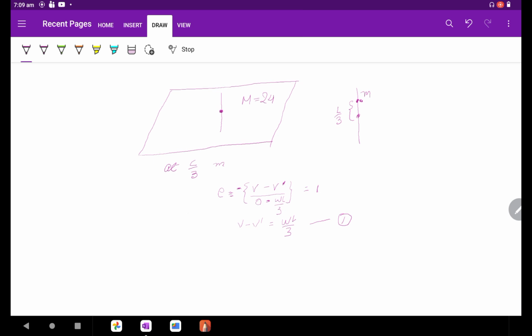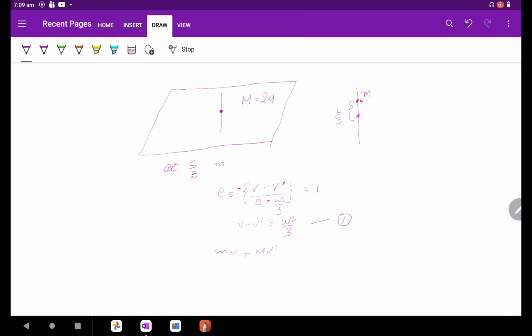Next, conservation of linear momentum is certainly on. So m into v is the momentum of the mass, and the momentum of the rod accordingly will be capital M into v prime, right? This is the momentum of the rod. The rod is only translating post collision.